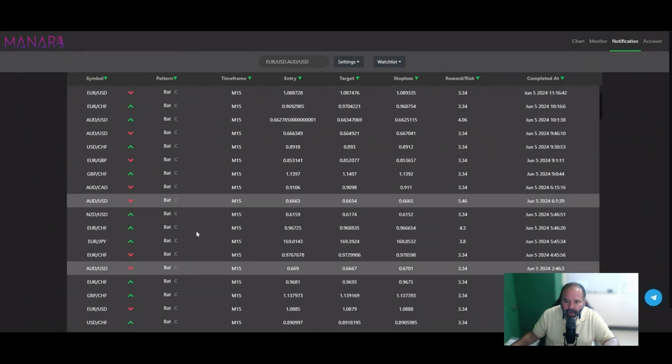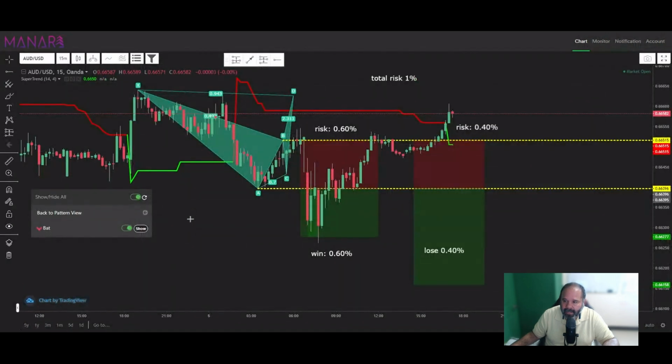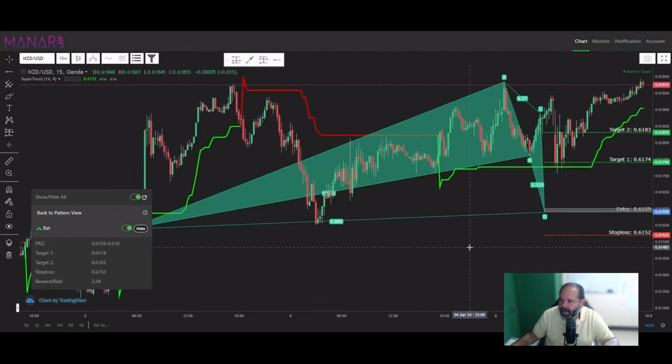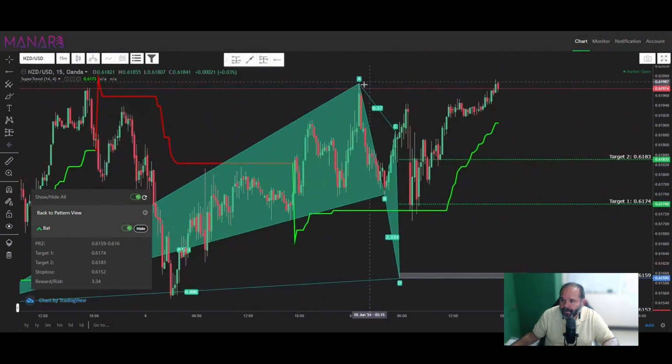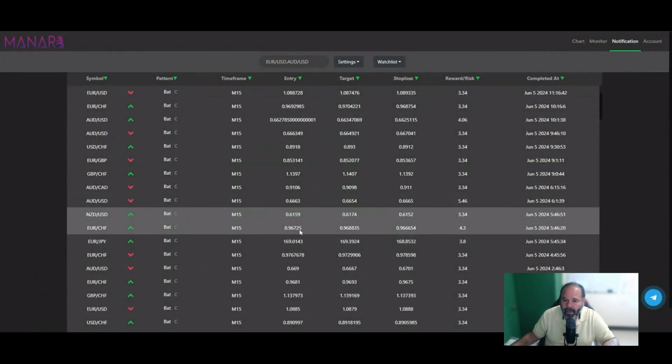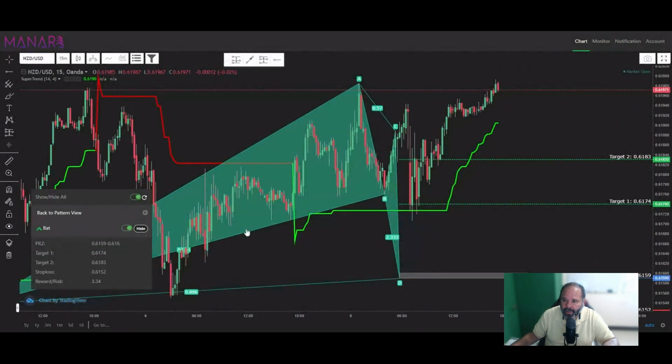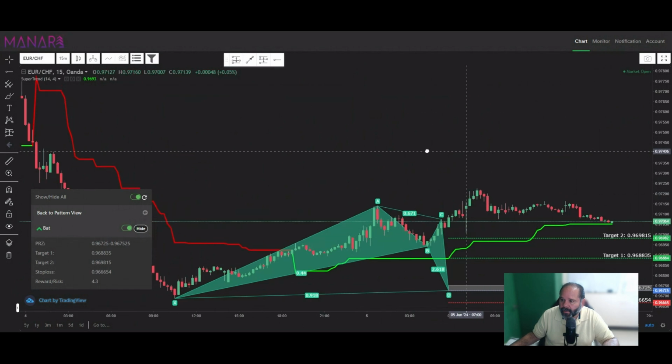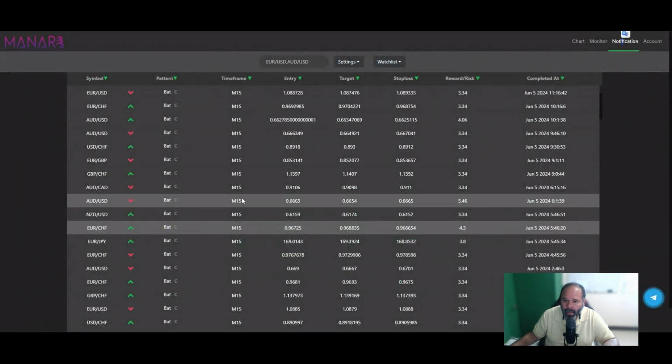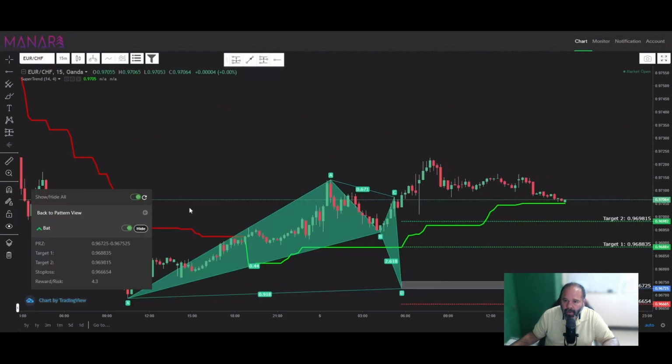Let's see another one. NZD USD. It's another one. This is probably a good one to enter. Euro CHF. I wanted to cherry pick one.